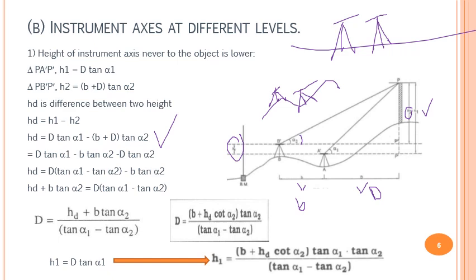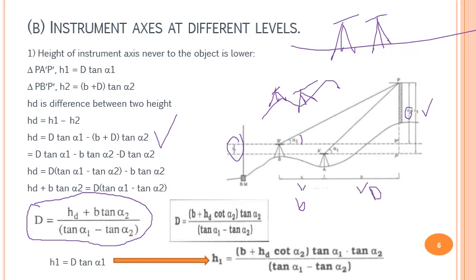Then HD is equal to d tan alpha 1 minus b tan alpha 2 minus d tan alpha 2. Here we get the relations of the HD, and we get these relations for calculations of the capital D. That is, D is equal to HD plus B tan alpha 2 divided by tan alpha 1 minus tan alpha 2.